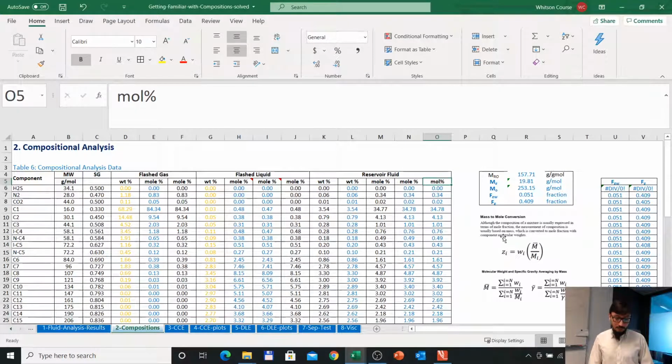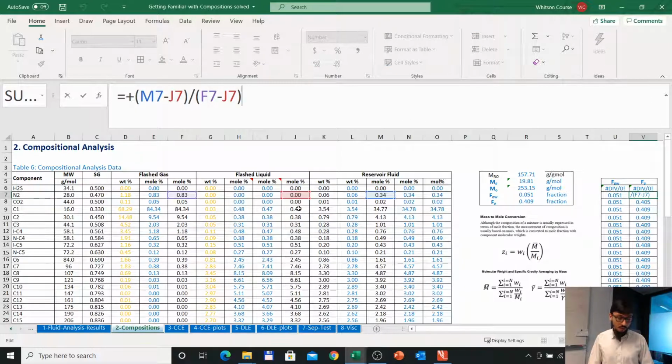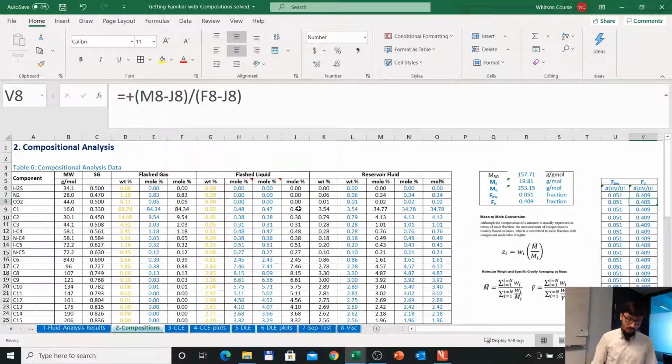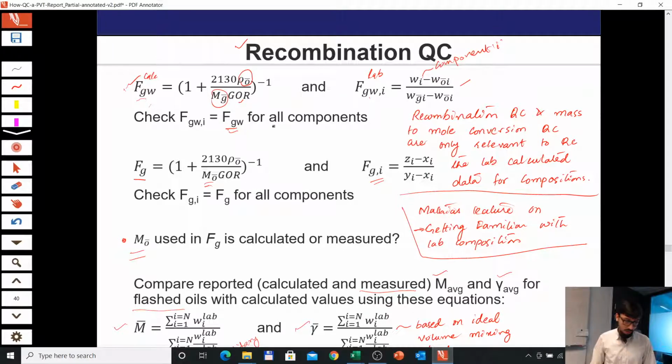Again, these are the gas weight fraction and the gas mole fraction calculated from the GOR, density, and molecular weights. You can also calculate these FGW and FG values from the lab reported compositions, and as we have mentioned in the presentation, on a mass basis and also on a molar basis, the two numbers should be identical and the same for all components.